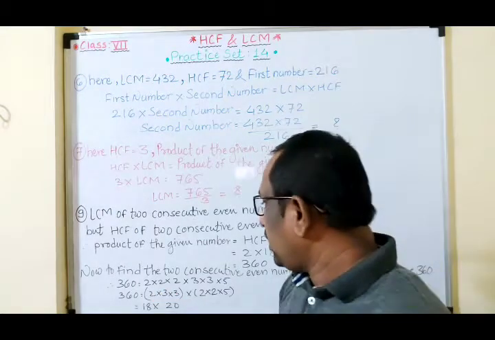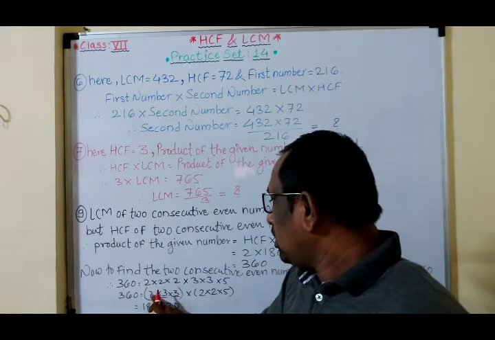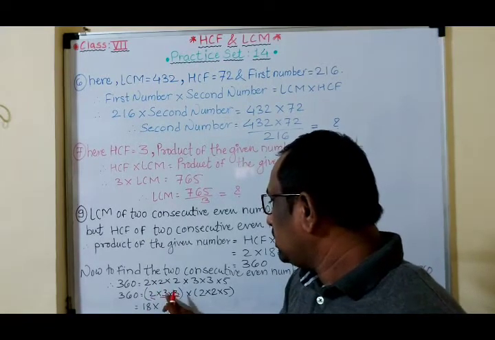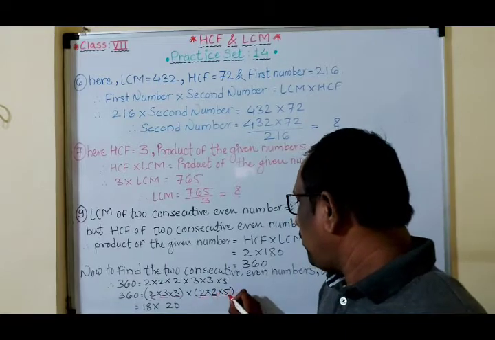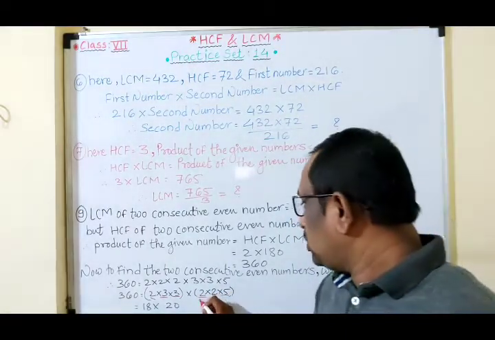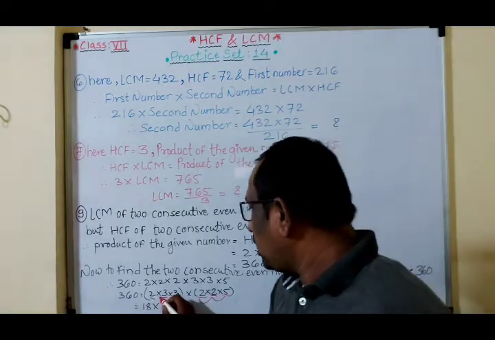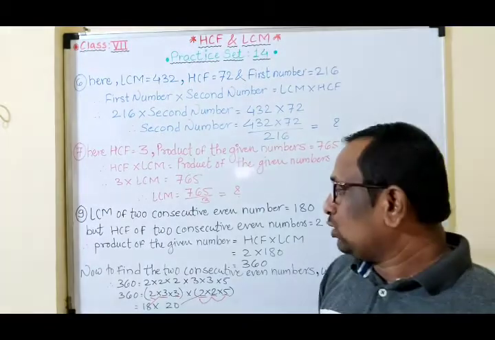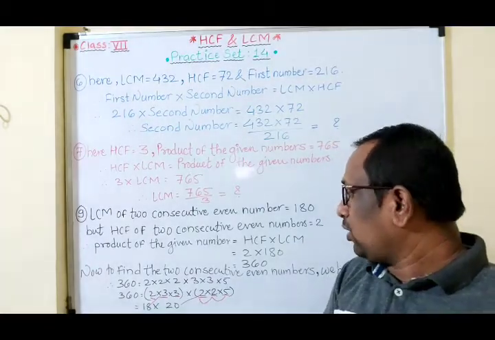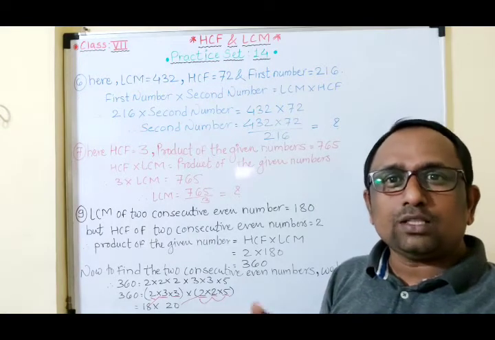If we take 2, 3, 3: 2 3s are 6, 6 3s are 18. Then 2, 2, 5: 2 2s are 4 and 4 5s are 20. So here we got 18 and here we got 20. So 18 and the consecutive even number after that is 20.